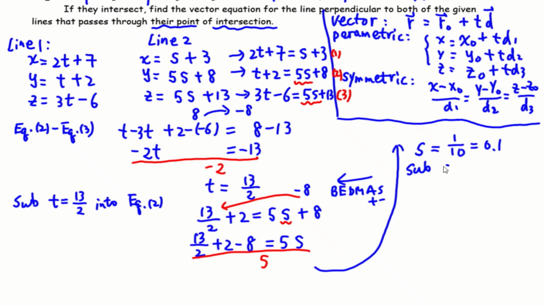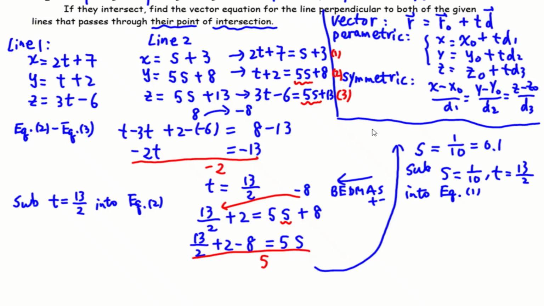So sub s equals 0.1, t equals, we could round it to the decimal 6.5, but most of the time, if it is not divisible, I highly encourage you to just keep them in fraction form. We want the exact value. So sub s equals 1 over 10, t equals 13 over 2 into equation 1, because we didn't use equation 1 yet.